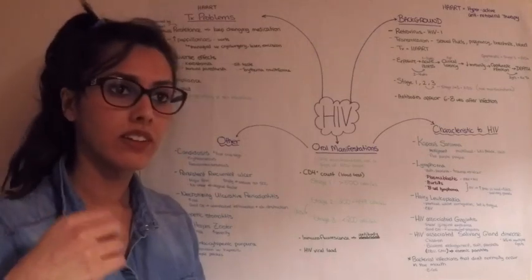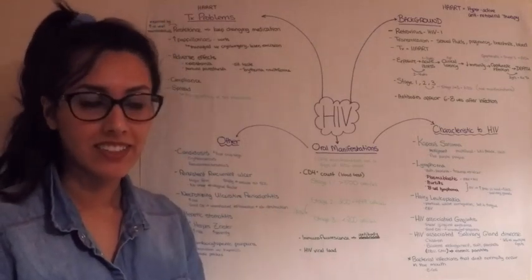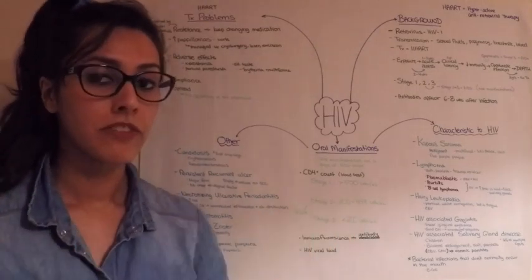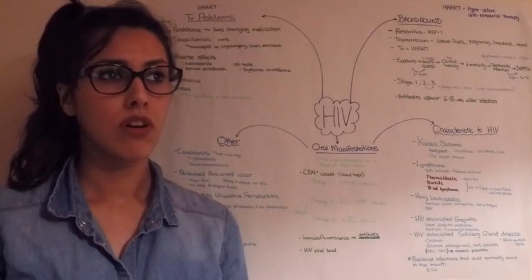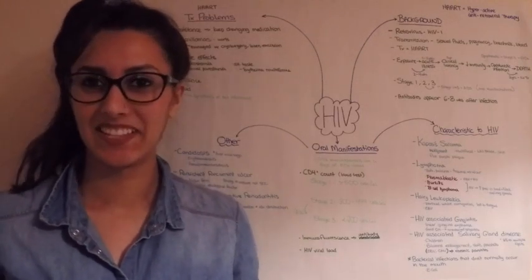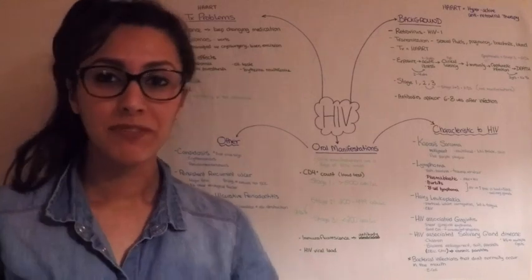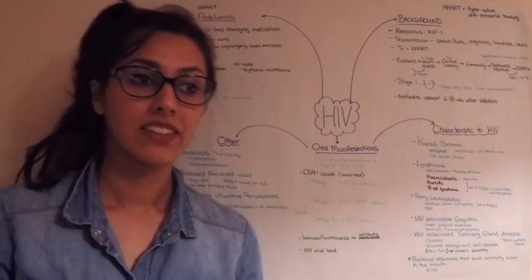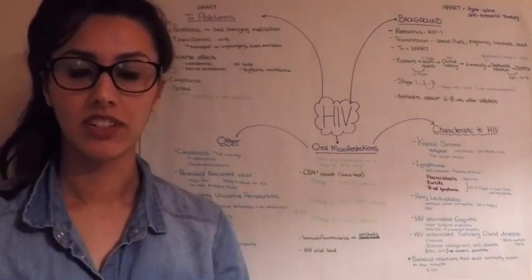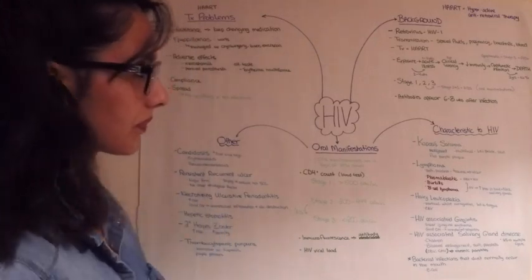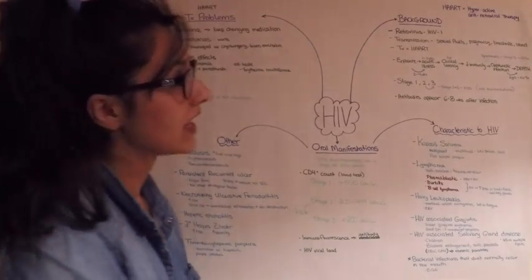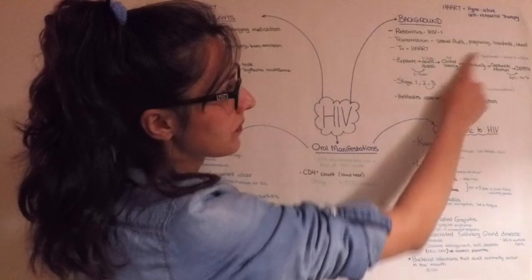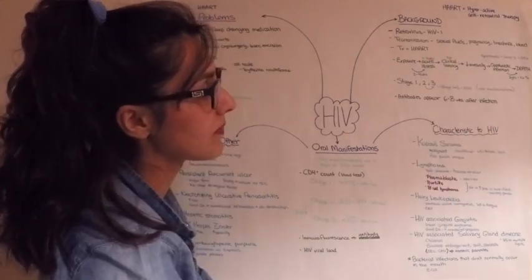So it's not the HIV, it's not the AIDS that causes the death, it's just severe immunocompromisation, I think that's a word. You're severely immunocompromised, and then some other opportunistic infection comes in, and that kills you, because you can't fight it off. So right here, we'll talk about staging.